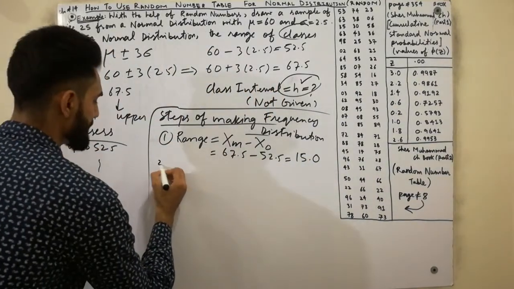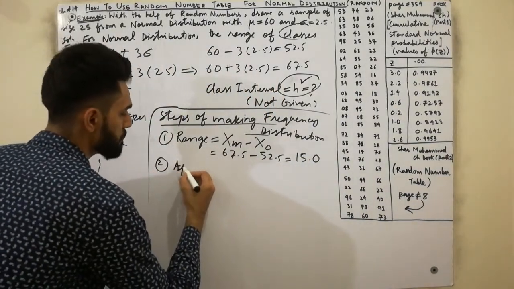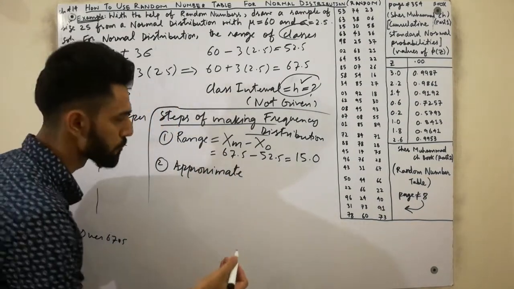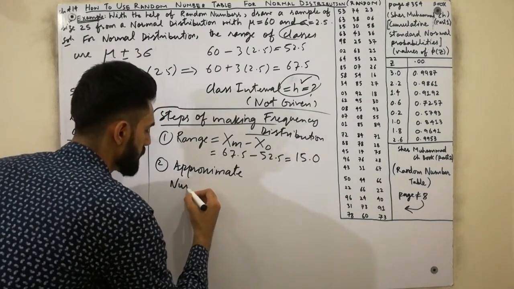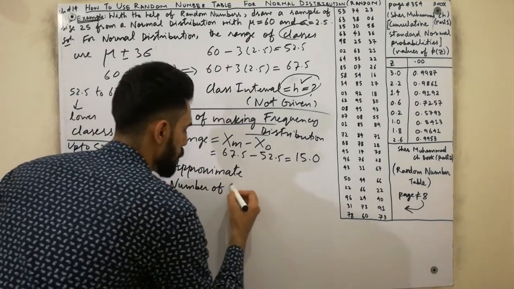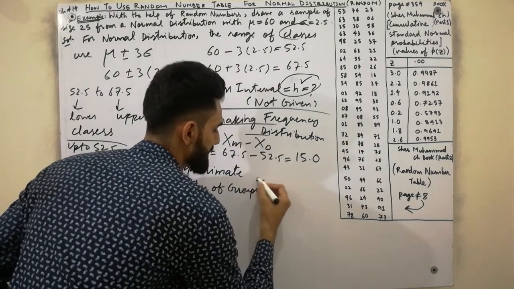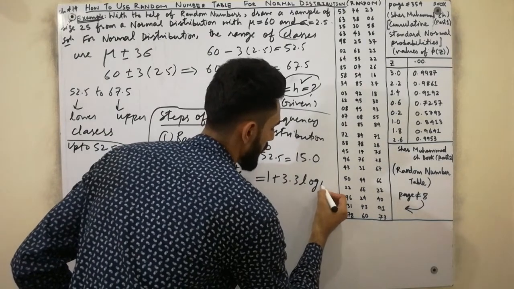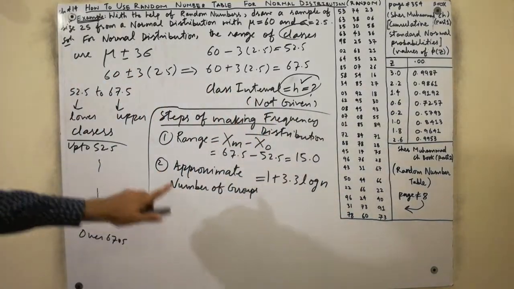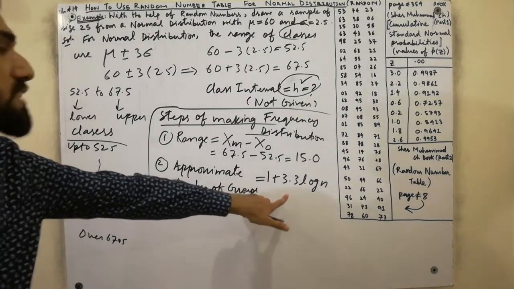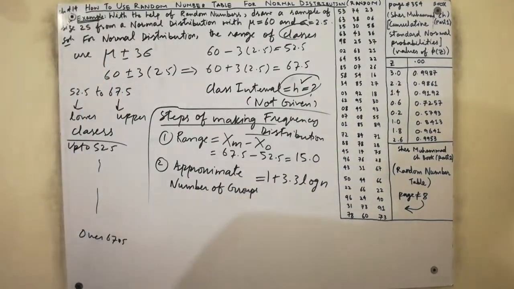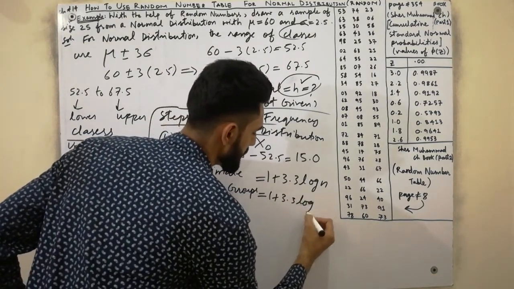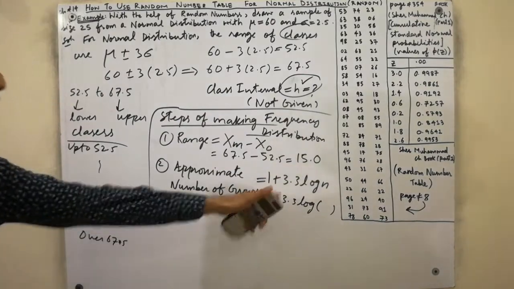Next step is the approximate number of groups, which is equal to 1 plus 3.3 log n. That's the formula for that. Here n is the number of values, the sample size.